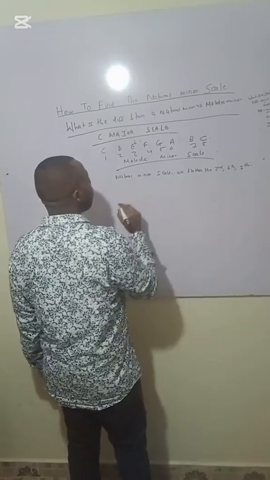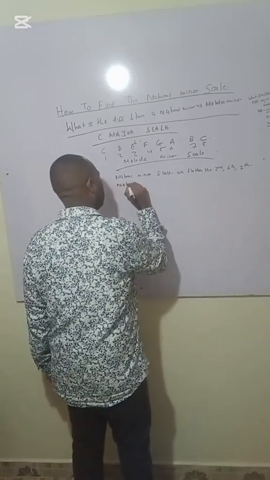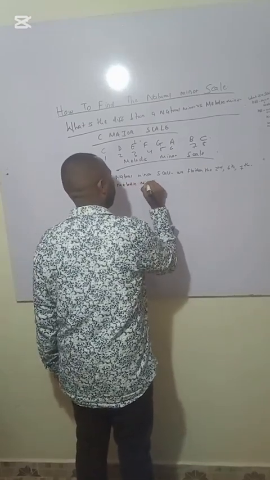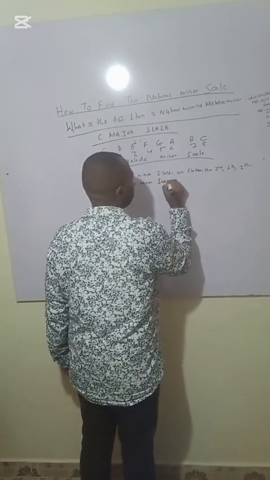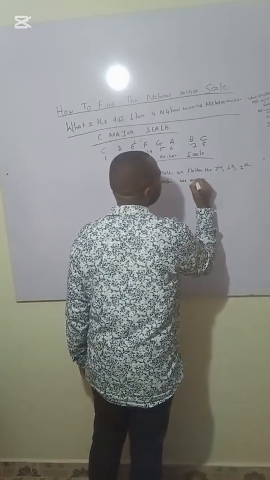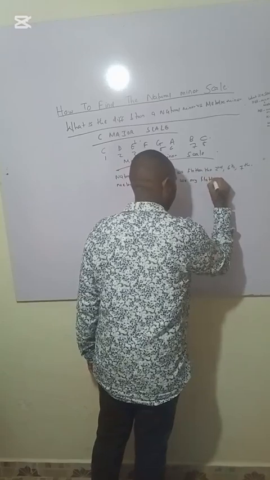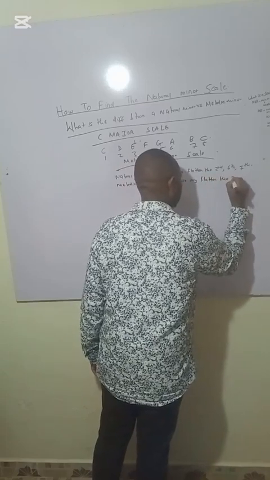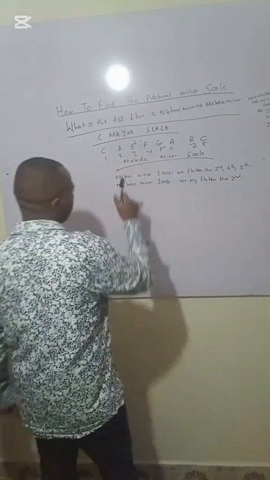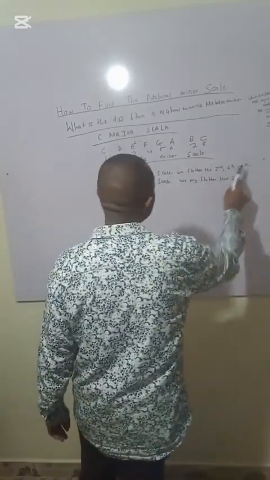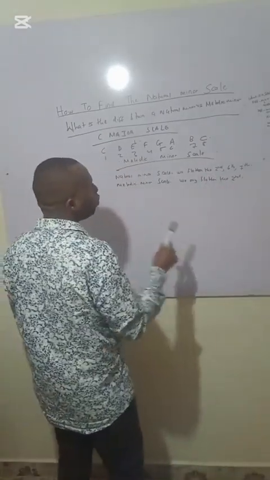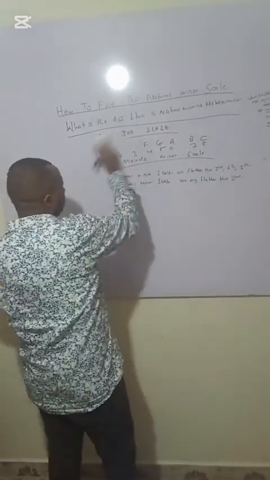Then for the melodic minor scale, we only flatten the third. So that is the difference. For the natural minor scale, we are flattening the third, the 6th, and the 7th, and for the melodic minor scale, we only flatten the third. Very simple. So that's that.